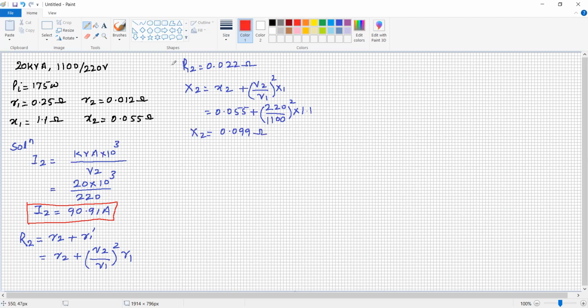So now these two values. Now see here, the resistance and reactances are referred to the secondary side. Secondary side is the LV side. Okay. When the resistance and reactances are referred to LV side, definitely the resistance and reactance value should decrease. So it is a smaller value. We'll write one more step for the resistance.